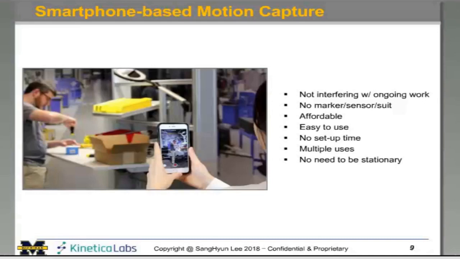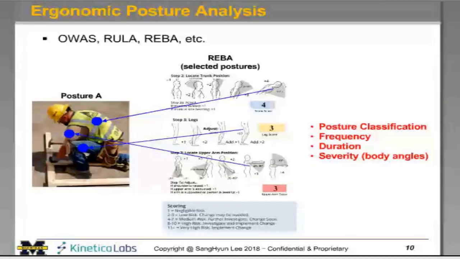So how can this be applied? What we are talking about right now is ergonomic posture analysis, like OWAS, RULA, and REBA, etc. There are many different ergonomic posture analysis tools, or certain companies have their own tools developed for their own needs.